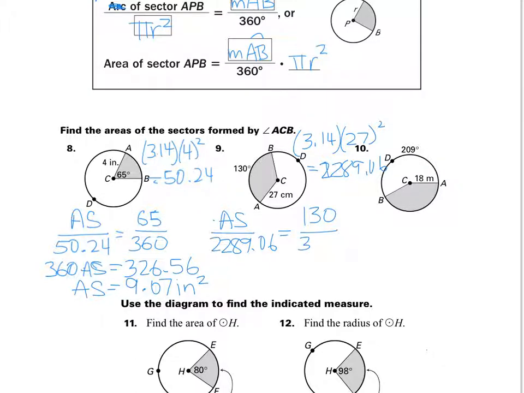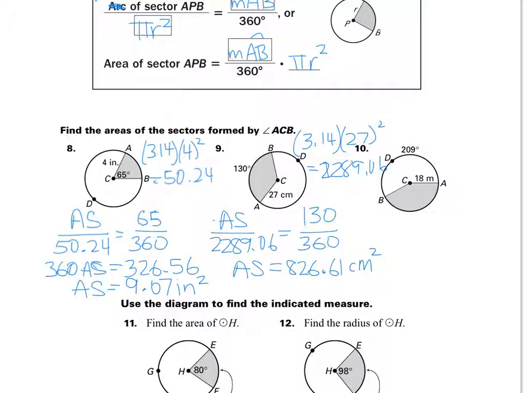Angle over whole thing, and cross products, you can do the math if you want. I'm not going to show all the steps. So it would be 826.61. Again, remember that this is area.